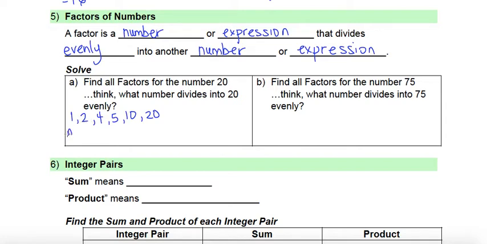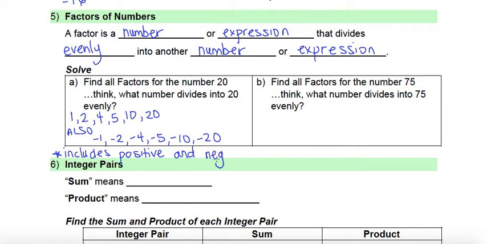So we will also have -1, -2, -4, -5, -10, and -20. So we have to include those positive and negative integers, or positive and negative factors, because they may not always be just integers. They could be a combination of integers and variables.